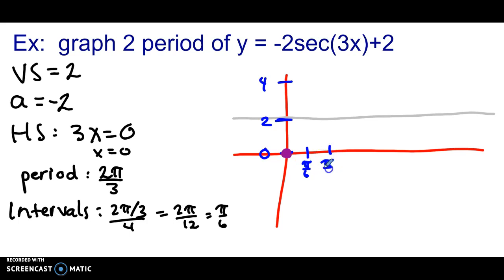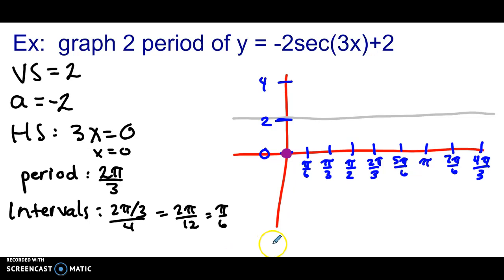I'm going to have 2 pi over 6, 3 pi over 6, 4 pi over 6, 5 pi over 6, and 6 pi over 6, 7 pi over 6 and 8 pi over 6. Okay, I hope you guys know that I'm not writing exactly what I'm saying just because I want you to know where these are coming from.